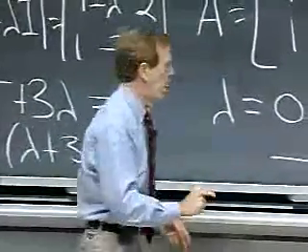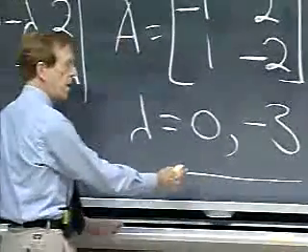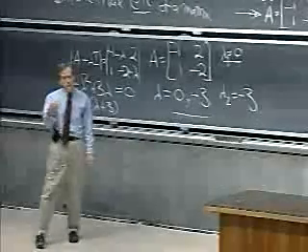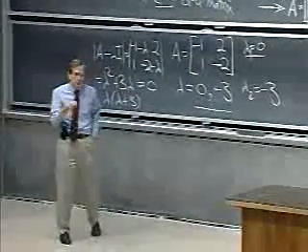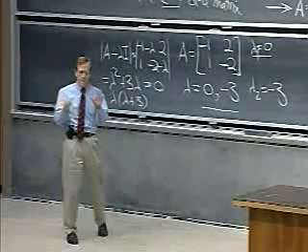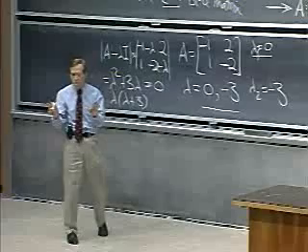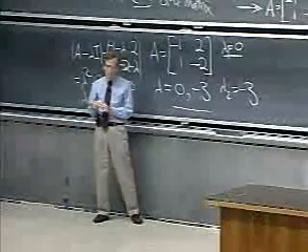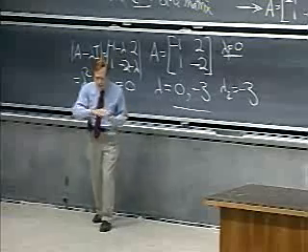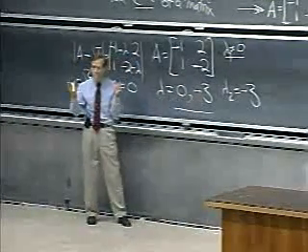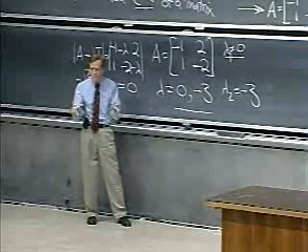The other part of the answer will involve an e to the 0t. But e to the 0t is 1, and that's a constant. So I'm expecting that this solution will have two parts, an e to the 0t part and an e to the minus 3t part.